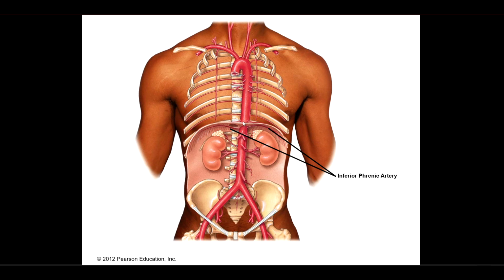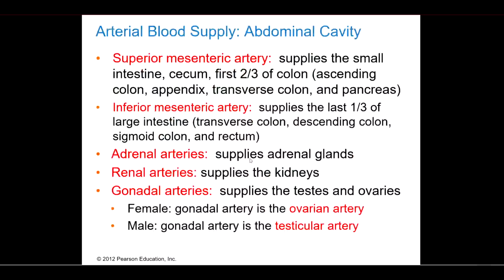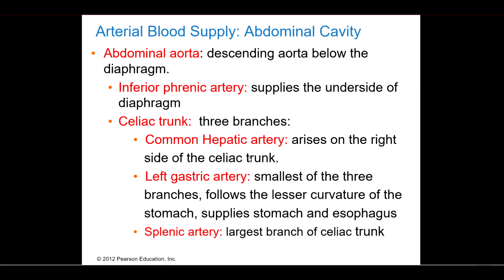Let's see if you remember this. The last branch off the thoracic aorta was this little blood vessel right there and on this side. That's the superior phrenic artery. So it turns out the diaphragm actually has dual blood supply. It's getting blood from above from the superior phrenic artery, and then on the underside it's getting blood from the inferior phrenic artery.